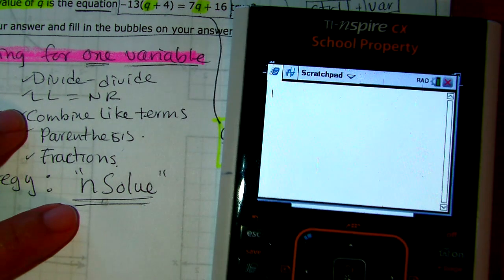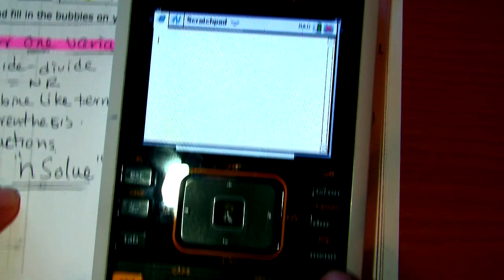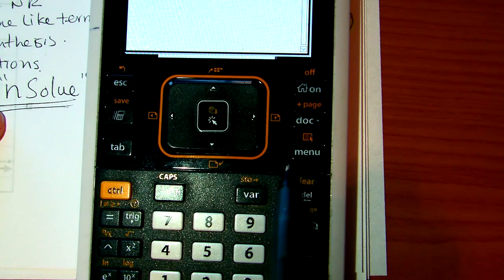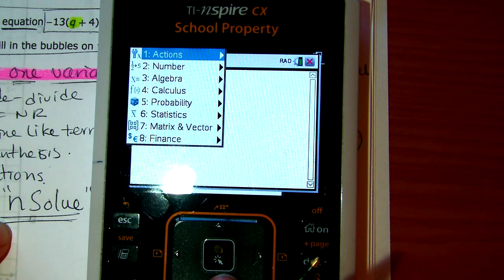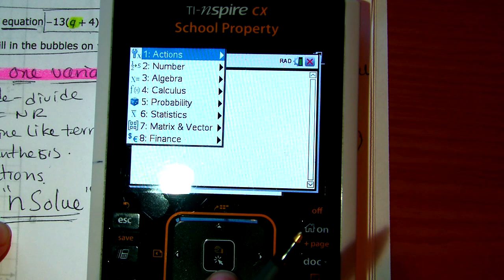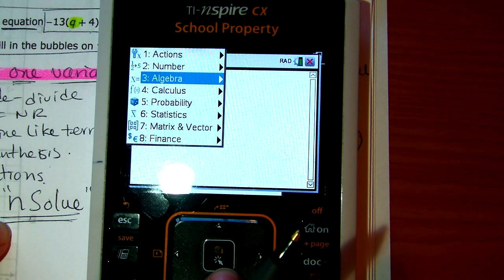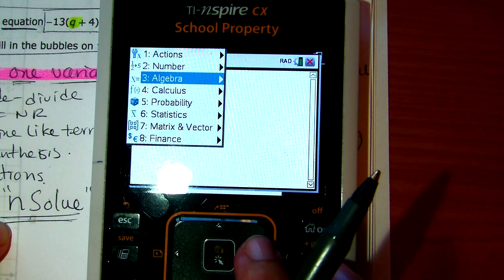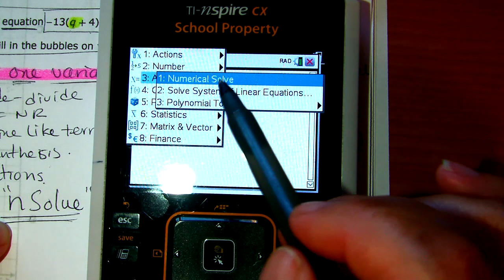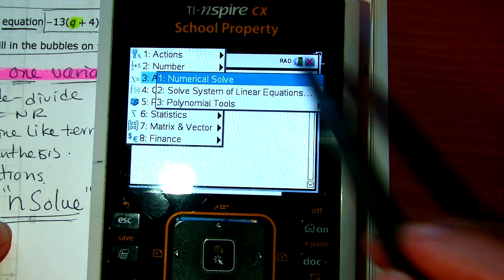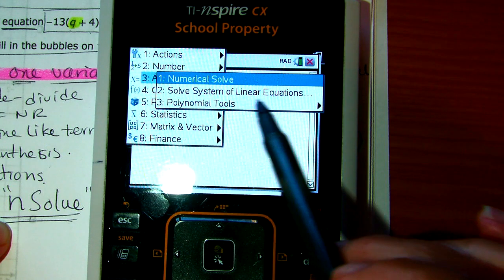So for the n-solve, you're going to press menu. Here's the button for menu. This one right here. You're going to press it. And what are we doing? Our subject is algebra. So we're going to choose number 3, algebra. And then numerical solve. Look what the word says, solve. This one says system of linear equations.